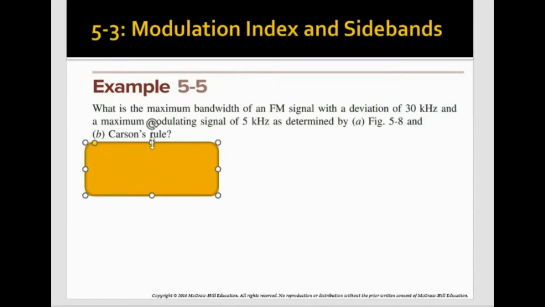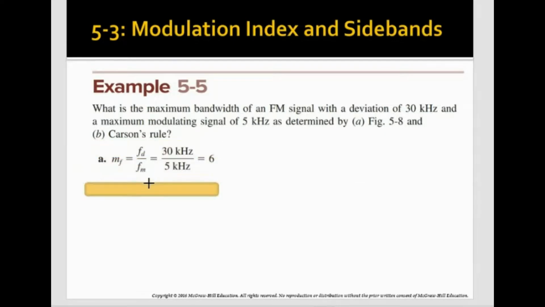Our first method uses the modulation index. We calculate it: maximum frequency deviation 30 kilohertz divided by maximum modulating signal frequency 5 kilohertz. We have a modulation index of 6.